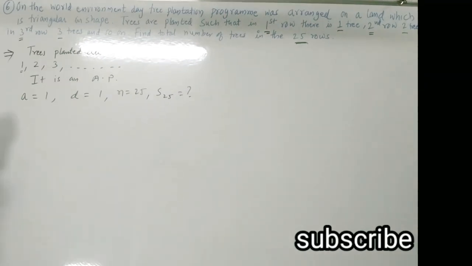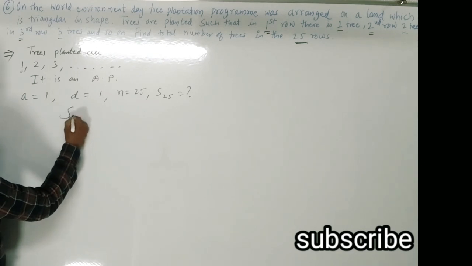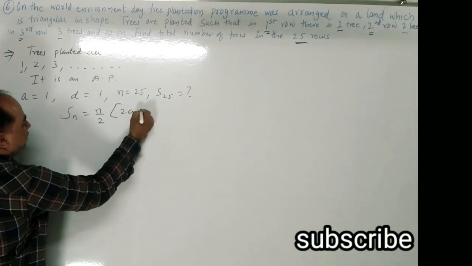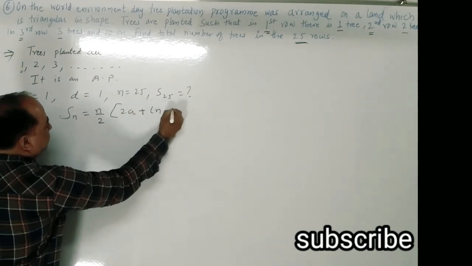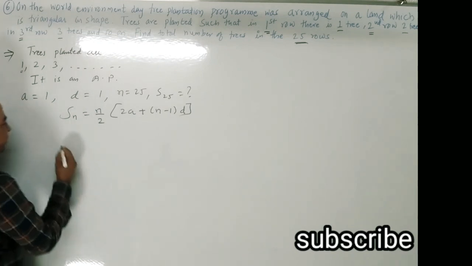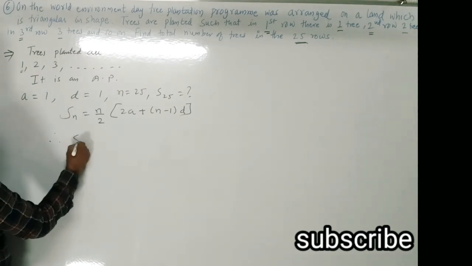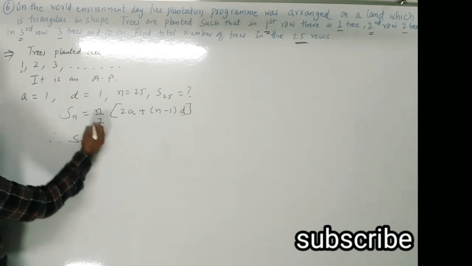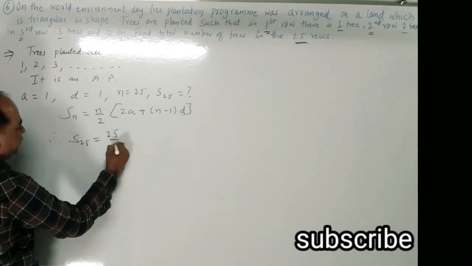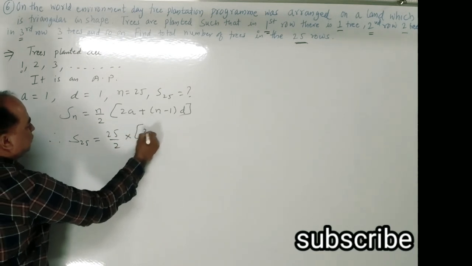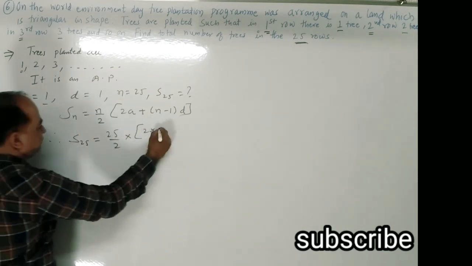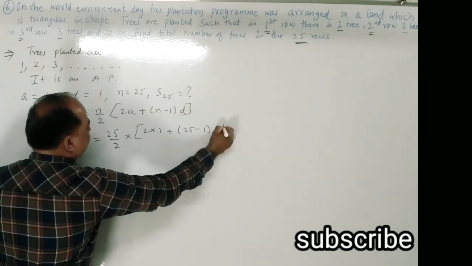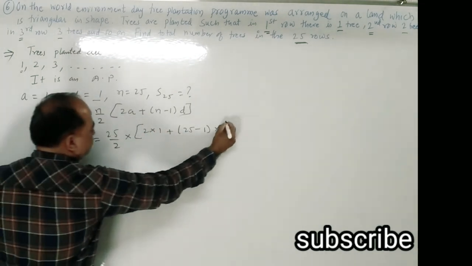So, we know that in AP, we have the formula Sn is equal to n upon 2 bracket 2A plus n minus 1 into D. Therefore, for S25, n is equal to 25, S25 is equal to 25 upon 2 into 2 into A is 1 plus n is 25 minus 1 into D is also equal to 1.